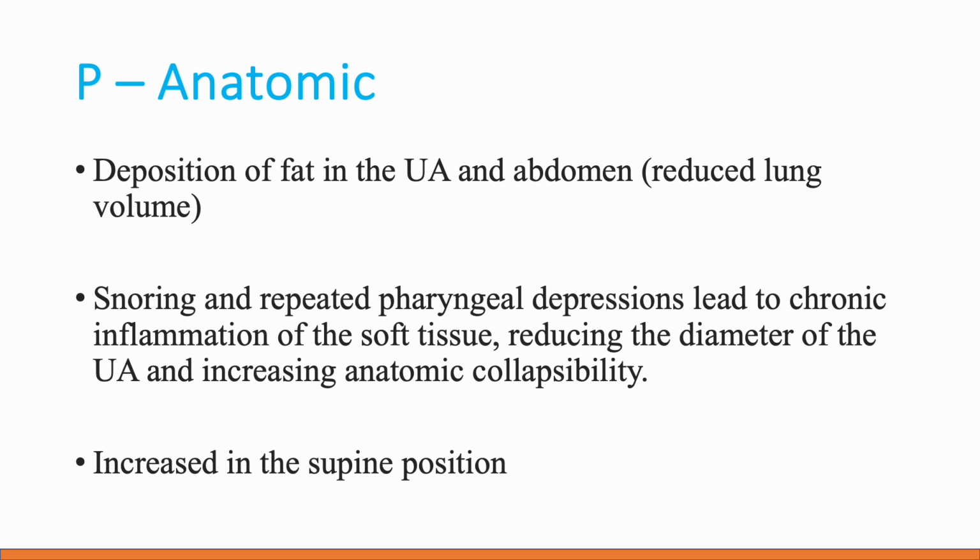In this endotype, the patients will present with snoring and repeated pharyngeal collapse. So they will have obstructive events, the typical sleep apnea with snoring. Whenever this keeps on happening repeatedly, pharyngeal collapsibility occurs, which leads to chronic inflammation in the soft tissue. This will reduce the diameter of the upper airway and further increase the airway collapsibility.